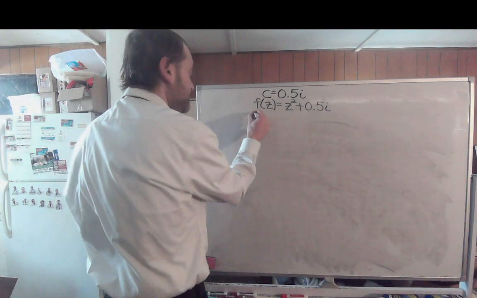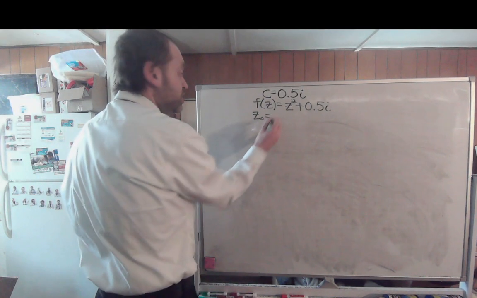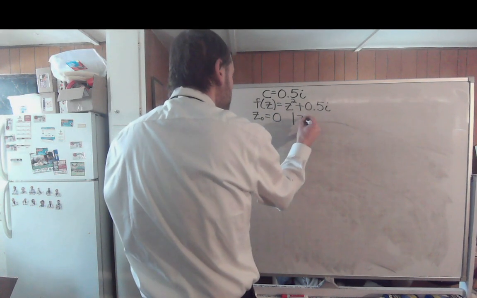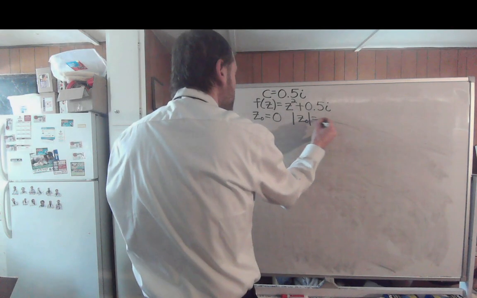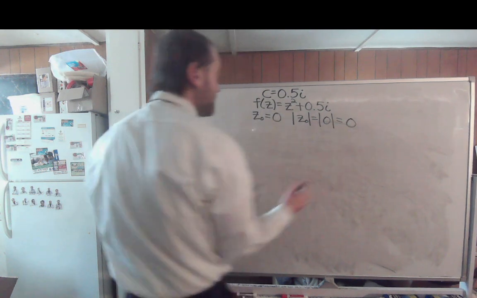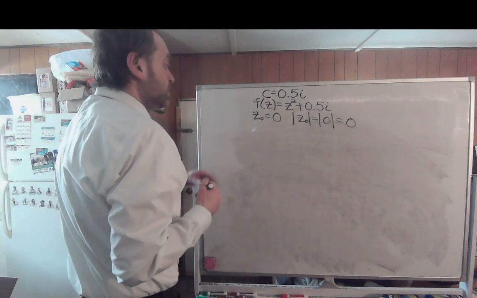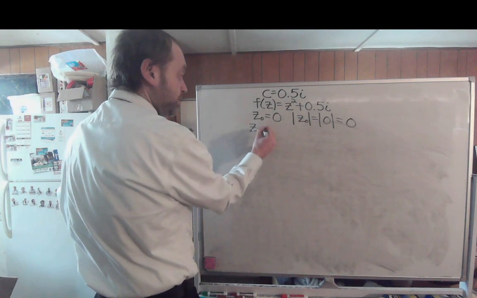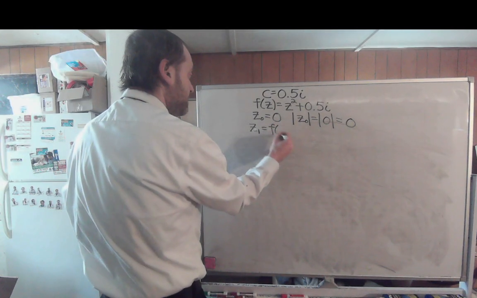Well, start out with z sub 0, which always has a default value of 0. The absolute value of z sub 0 equals the absolute value of 0, which just equals 0. Well, that's great. Now, to find z sub 1, you take f of z sub 0, which would be f of 0.